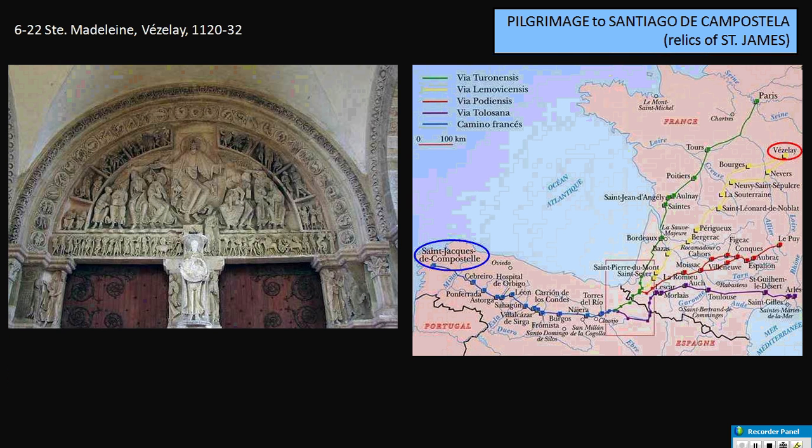On a lighter note, the church at Vézelay was also part of what was called the pilgrimage route, which exists all the way to this day. As the Middle East became harder to visit, other sites for pilgrimage became much more popular.